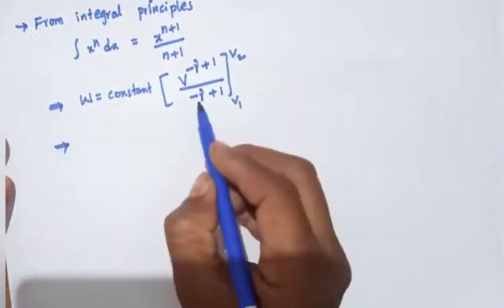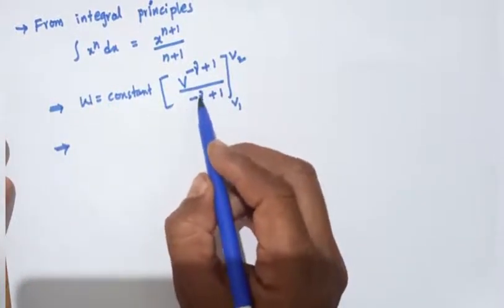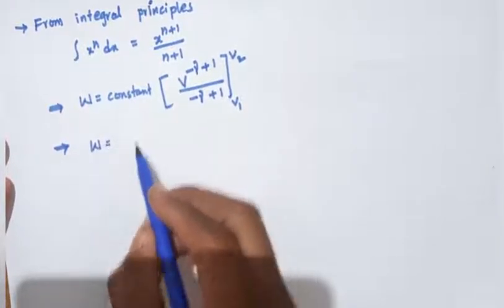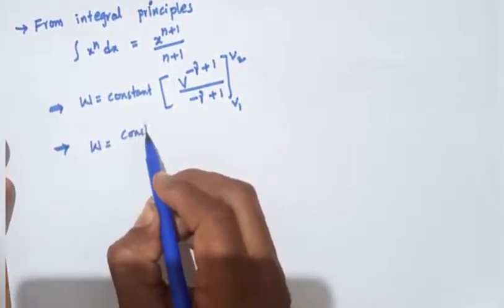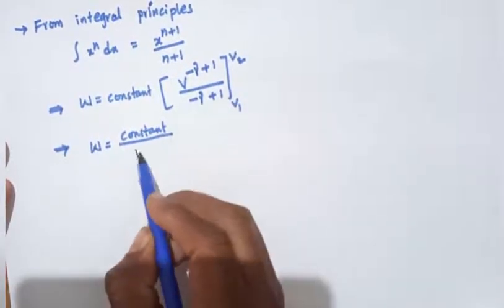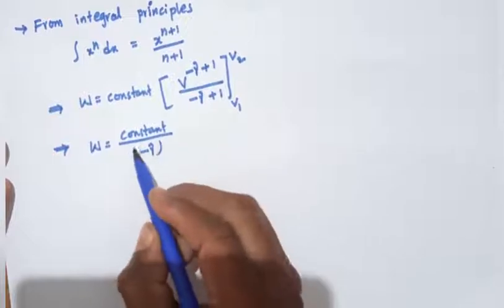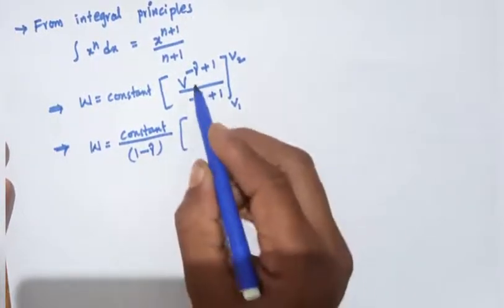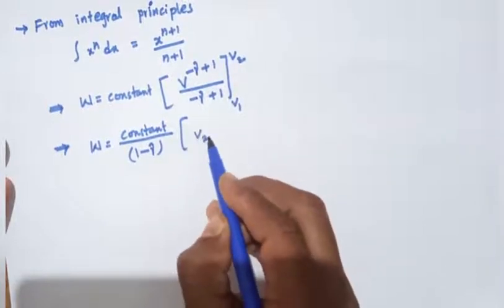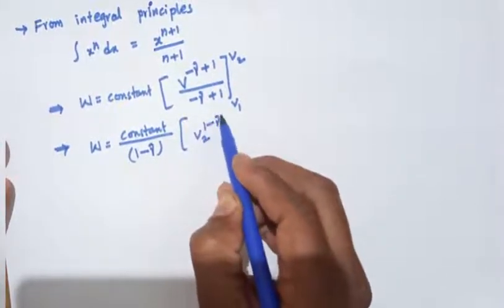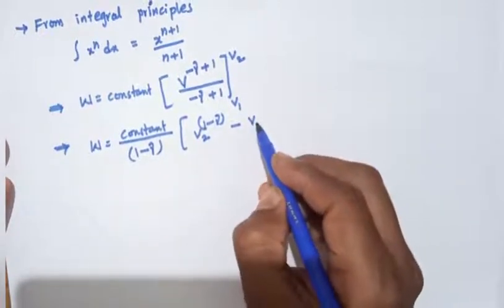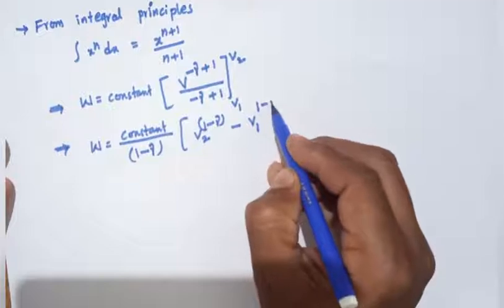The denominator, minus gamma plus 1, is also written as 1 minus gamma. So W equals constant divided by 1 minus gamma, into the upper limit substituted first: V2 to the power of 1 minus gamma, minus V1 to the power of 1 minus gamma.